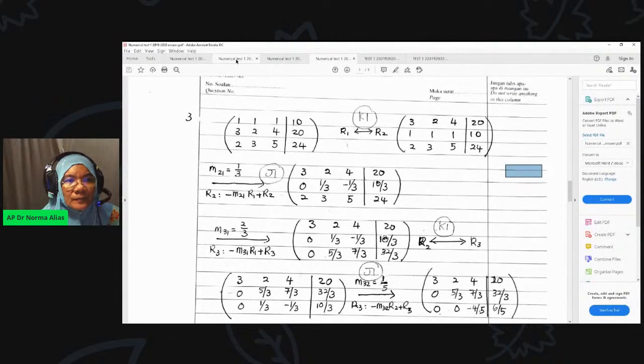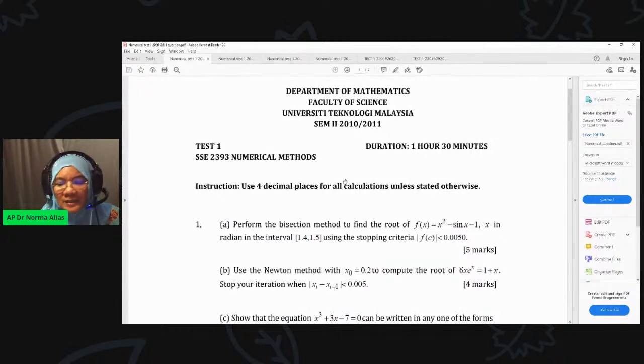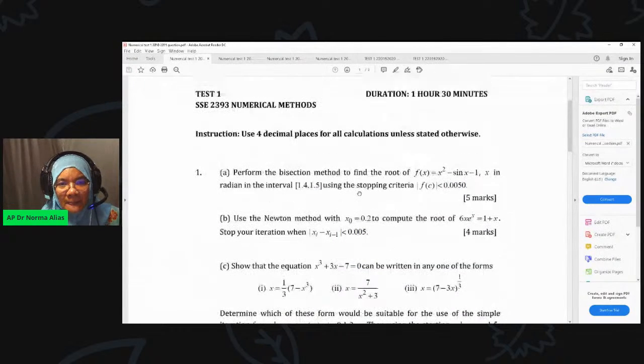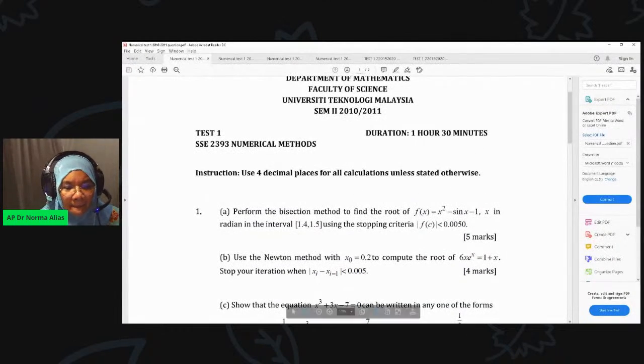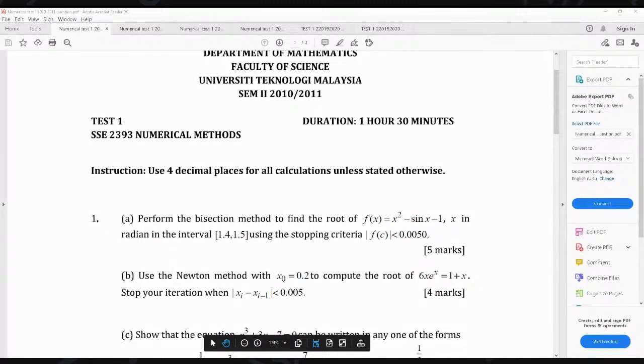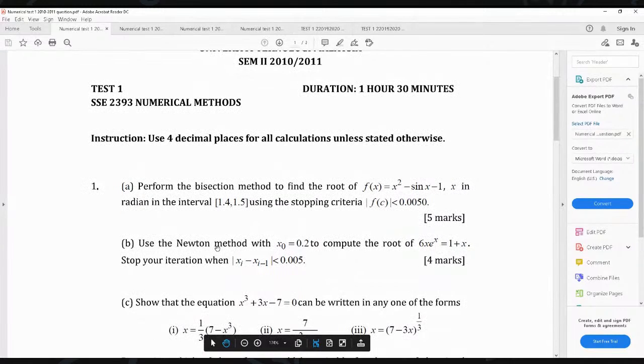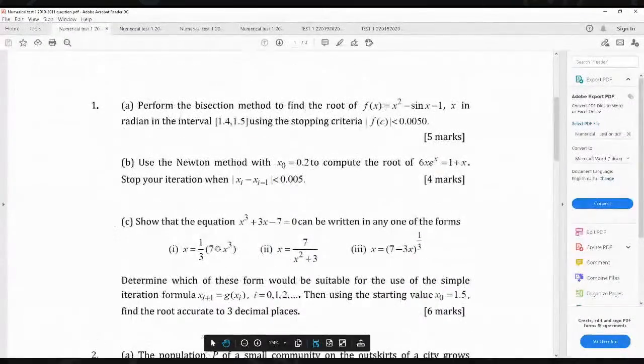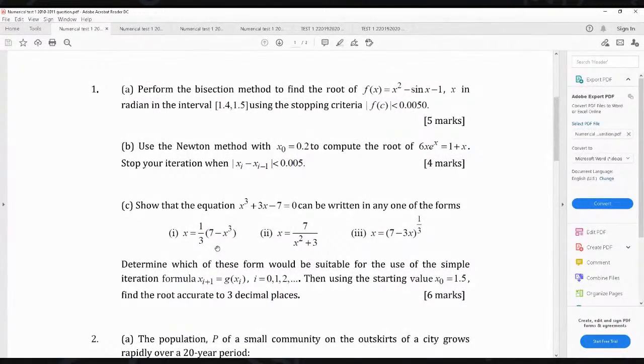Now, let's go for the next question. I want you to refer to questions 2010 and 2011. They are also asking you to use the bisection method, and then Newton's method, and the last is how we can rewrite this form.